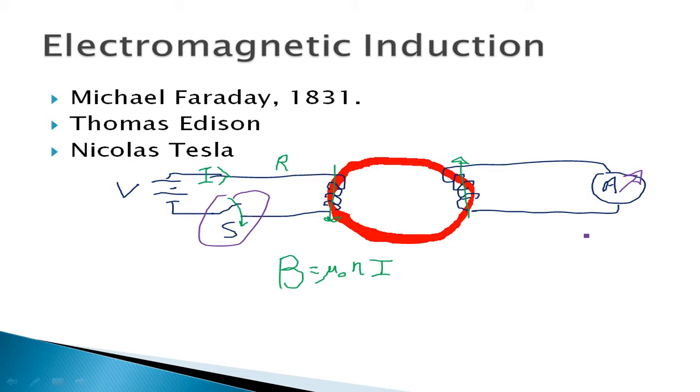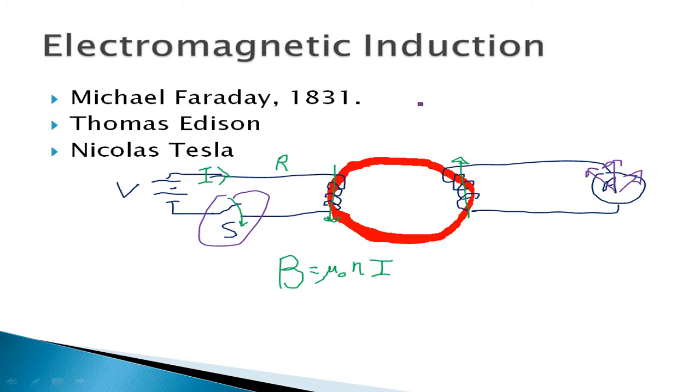We could call it a galvanometer actually. But once that switch was closed, the needle went back to 0. And then if he opened that switch to stop the current flow in the left-hand side, he noted again that there was a deflection in the needle in the opposite direction.